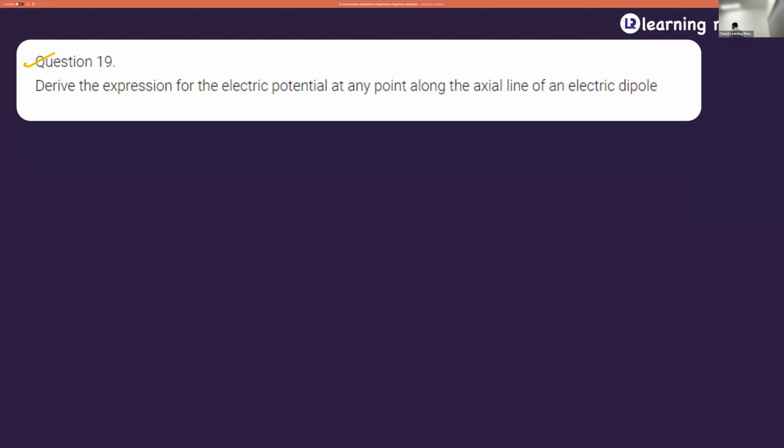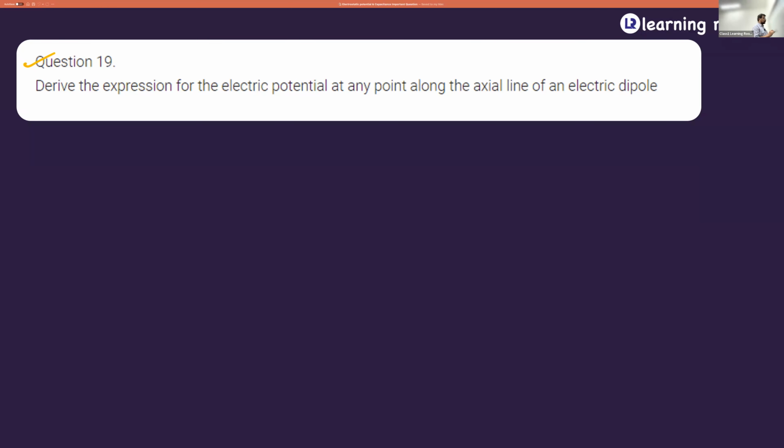Kp by R square, provided you have taken the point closer to the positive charge. If you have taken it closer to the negative charge, you will get minus Kp by R square.